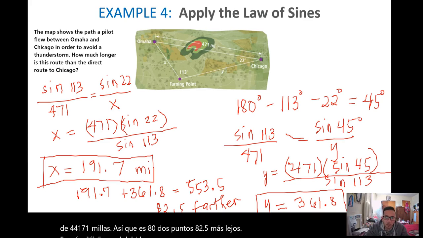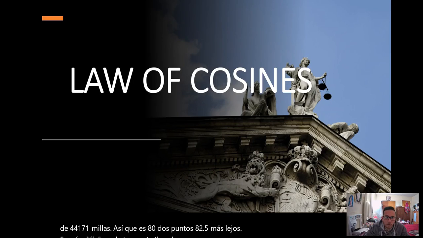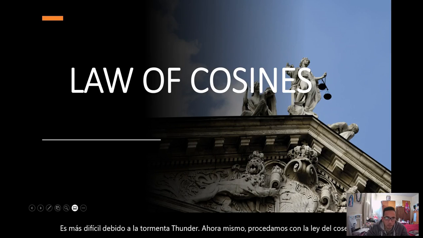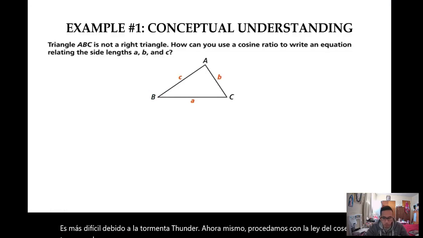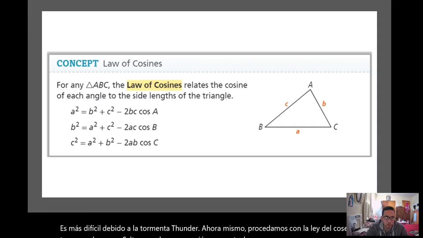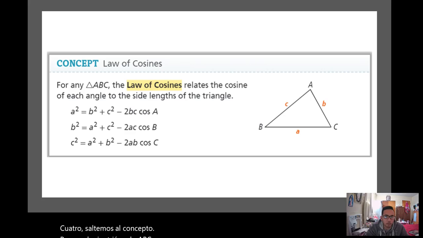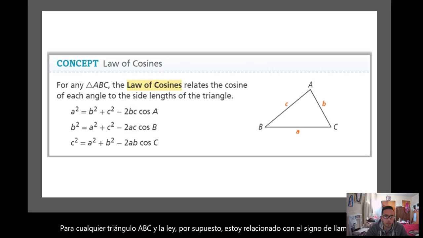All right. Now let's proceed with the law of cosine. Let's jump into the concept. For any triangle ABC, the law of cosine relates the cosine of each angle to the side lengths of the triangle.